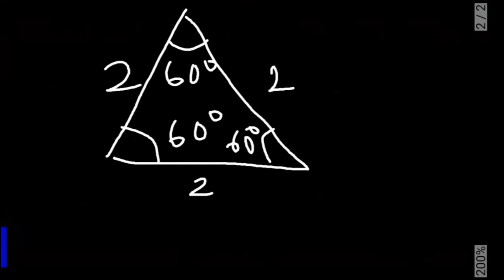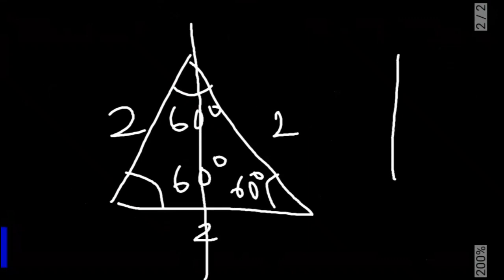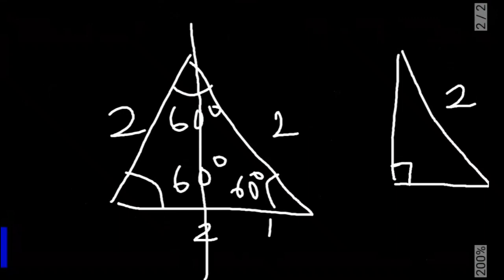So here, if we divide this equilateral triangle into 2, we pick one half. It becomes a right angle triangle with hypotenuse of length 2. Here it becomes 1, so we have 1 here.